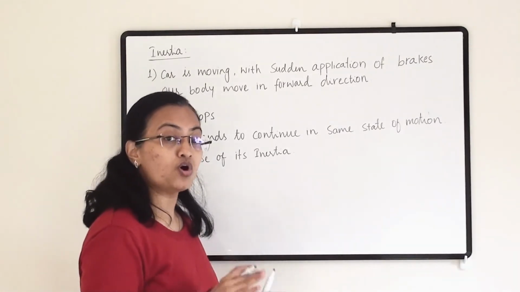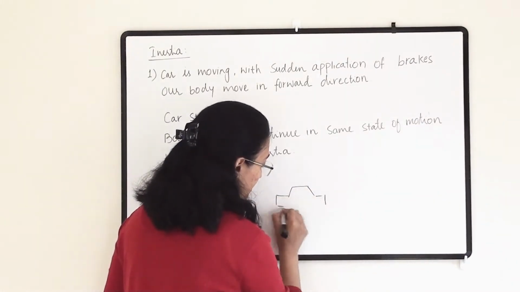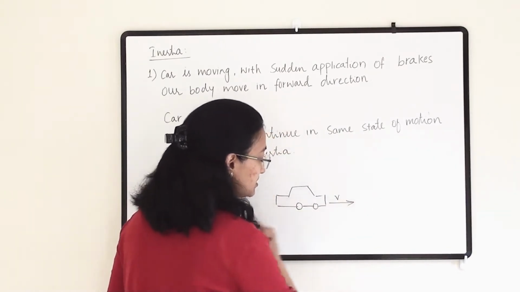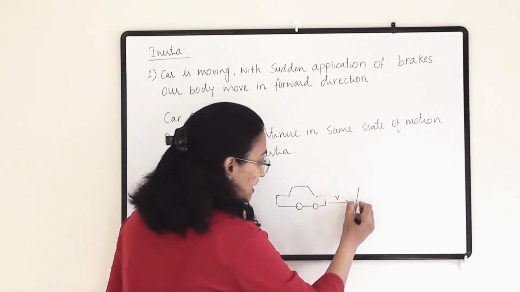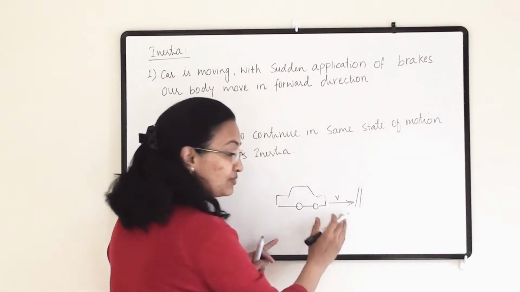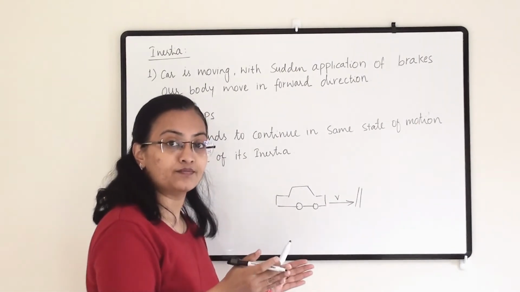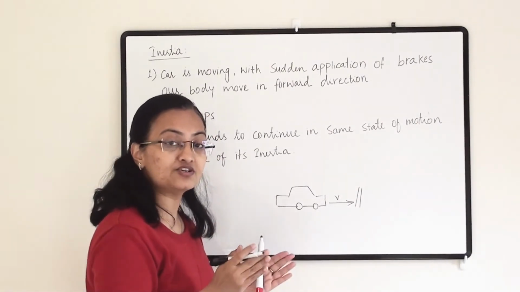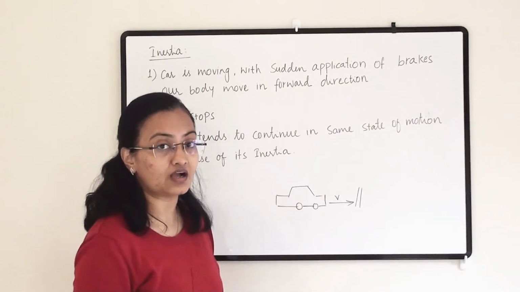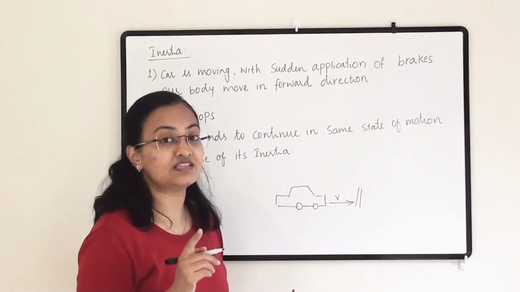Because the car was in motion. When the car was moving in one direction, it was moving with a certain velocity. Now when it applies a sudden brake, the car will stop, but our body's inertia is still moving. As per our body's inertia, our body is in motion. Yes, it is along with the car, but our body and the car are not the same object.